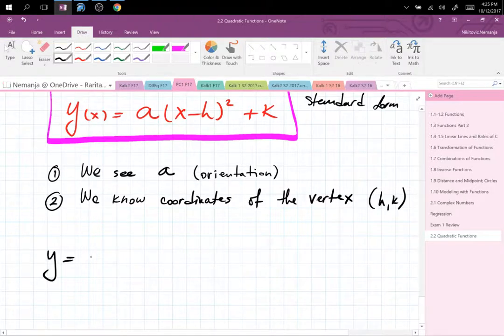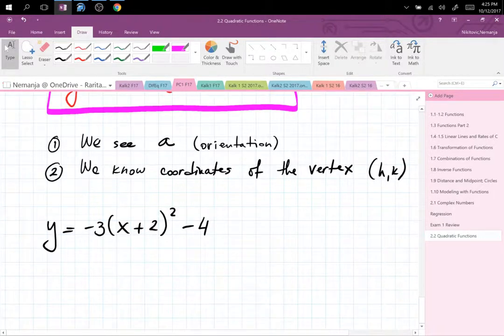Y equals -3 times (x plus 2) squared minus 4. This is all I need to do, guys. It literally takes a split second. A equals -3, less than 0, opens down. Now, clearly, in many cases, you know what that means, so you don't have to write it down.